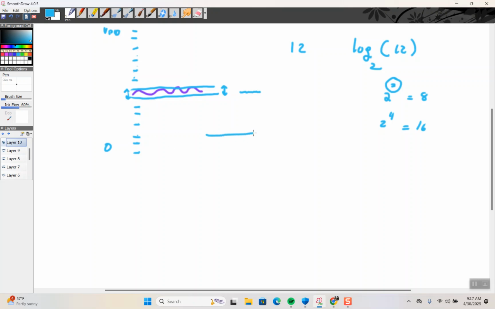And how are you doing that? You're choosing a filter. What's the order? How sharp is that? And then what's the type? This is like a Butterworth filter, but there are other filters that do that.